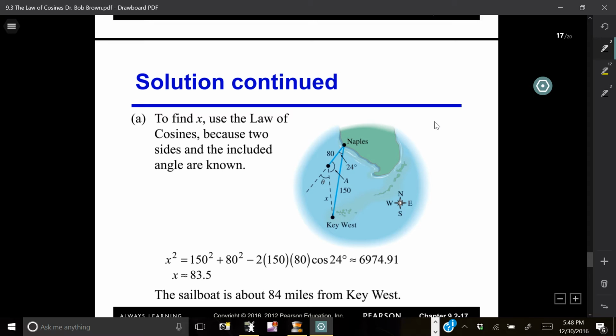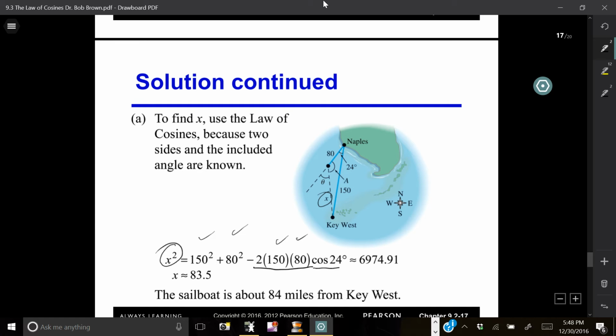Now, notice that x squared, which is this side squared, is going to equal 150 squared plus 80 squared minus 2 times the product of the two sides times cosine of the angle between them.